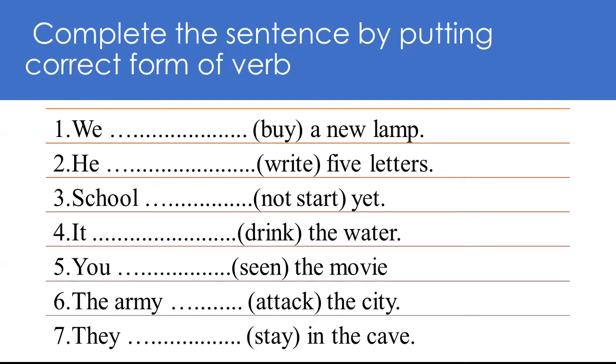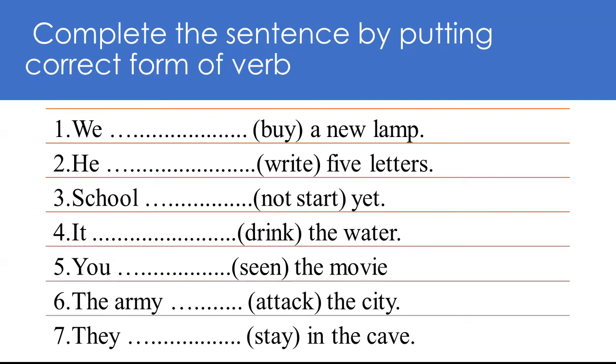You are going to use the auxiliary verb has or have according to the information you have got in this lesson. As we use have with the subject we, have and past participle of buy. We have bought a new lamp. In this way, you are going to complete the rest of the 6 sentences.